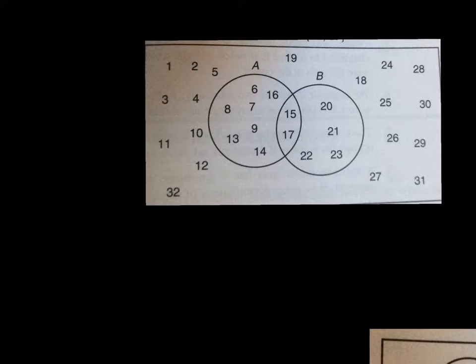But when we have sets, and we're going to talk about these sets as being this circle here. So the sets in this circle are all those numbers, including 15 and 17. And the sets in this circle are all those numbers, including 15 and 17.